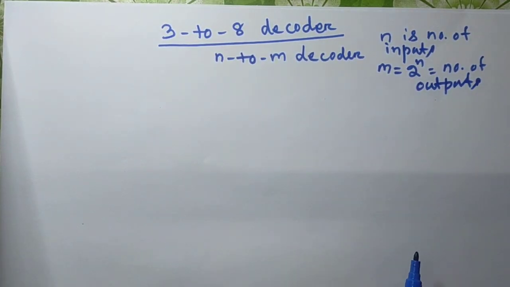This is the basic concept, which we have already discussed. Again I will explain how we design the 3 to 8 decoder.